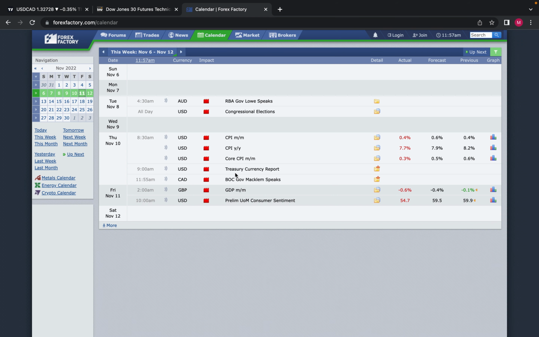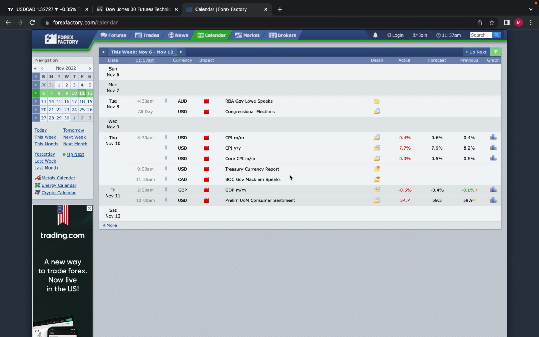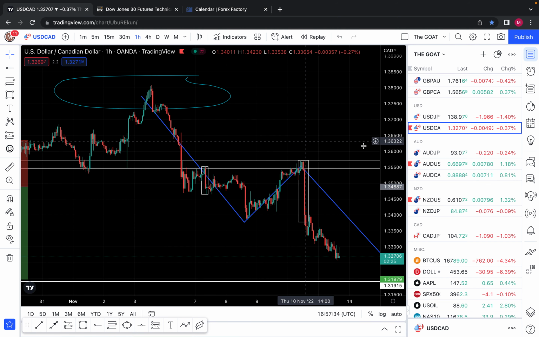So basically, yeah, this was it right here. All of this went through, and the markets went crazy. So if you had your technical analysis right, then you were perfect. But if you had it wrong, then you probably got stopped out or wicked out or something.